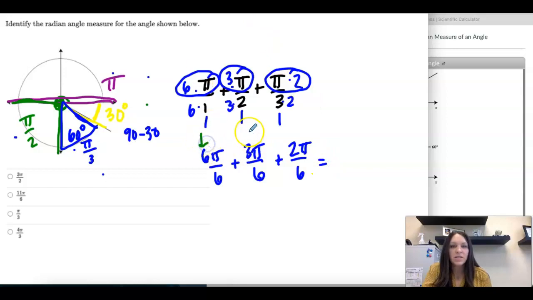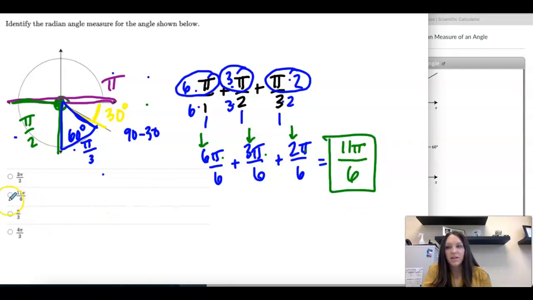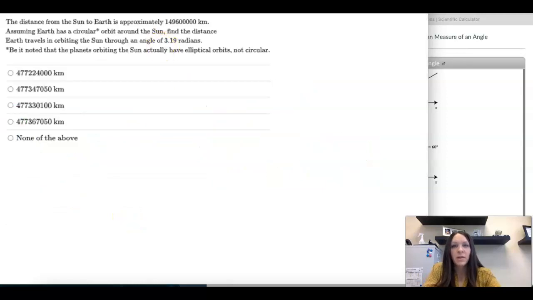So 6 plus 3 plus 2 is 11. And then pi is kind of like x. This pi just comes along and we write it just one time. And then the denominator stays the same. So we have 11 pi over 6 is that angle in radians. Kind of different, but you'll get used to it.